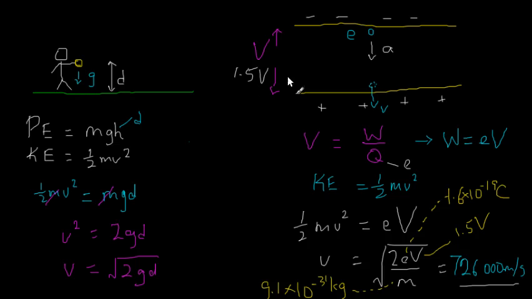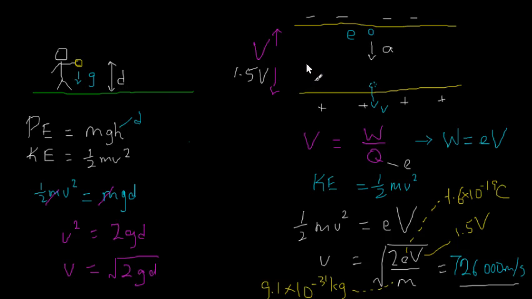Now, what I'd like to do is look at what happens if the electron is given a horizontal velocity, or a velocity perpendicular to the electric field. Just like when I throw a ball horizontally, I would expect the ball to move in a curve as it falls and hits the ground.